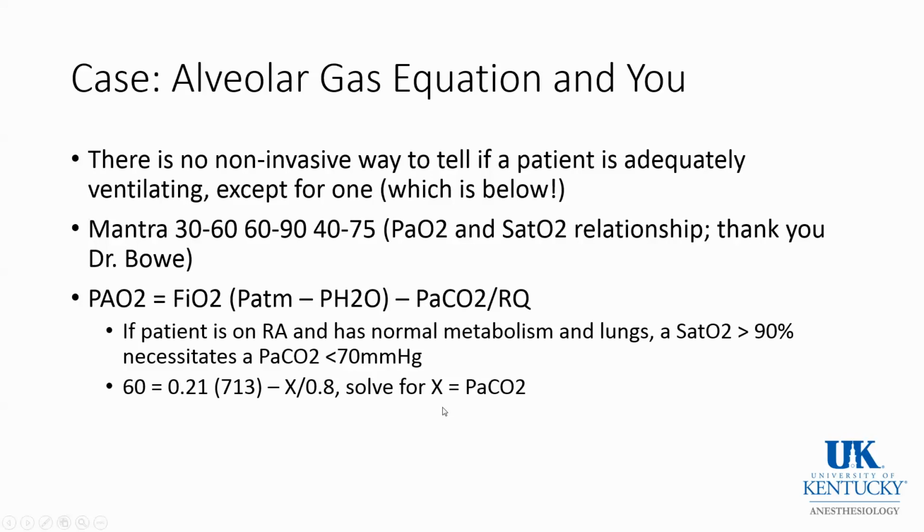Well, you have to decide now, because that presentation is the same for a patient that is in pain and can't communicate, or a patient that is hypercarbic and is becoming obtunded. So if you give that patient narcotic and the situation is the latter, then you've just done the patient a pretty big disservice. So what you can do in some circumstances is see what they do on room air.